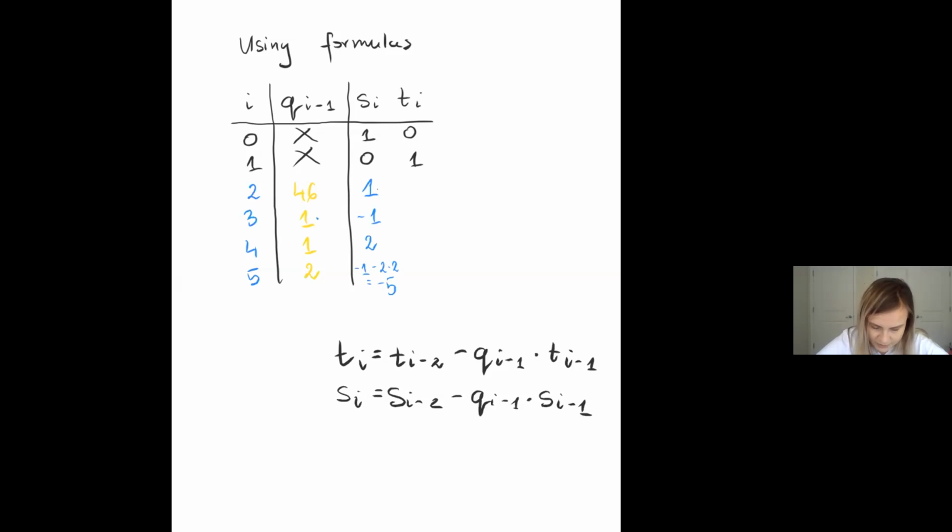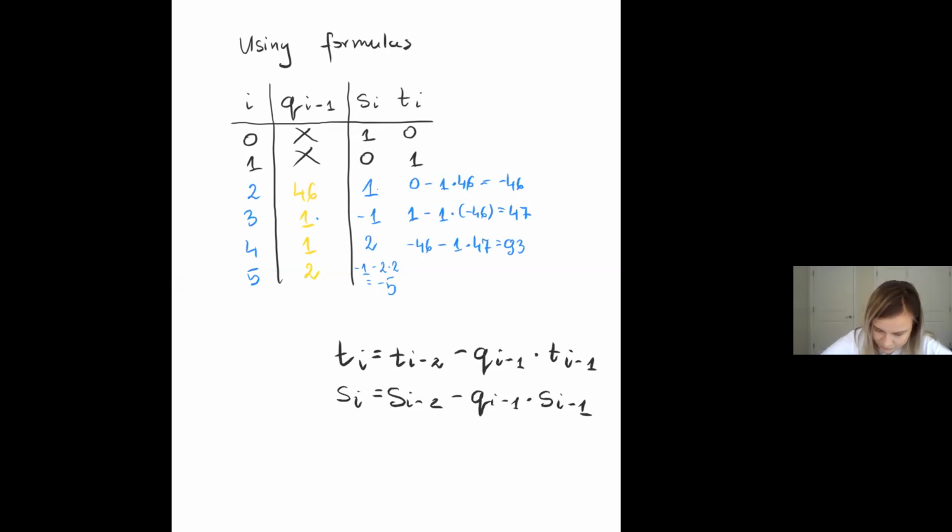So here we have 0 minus 1 times 46. Okay, so we have minus 46 here. Here we have 1 minus 1 times minus 46. So we have 47. Here we have minus 46 minus 1 times 47. That gives us 93.